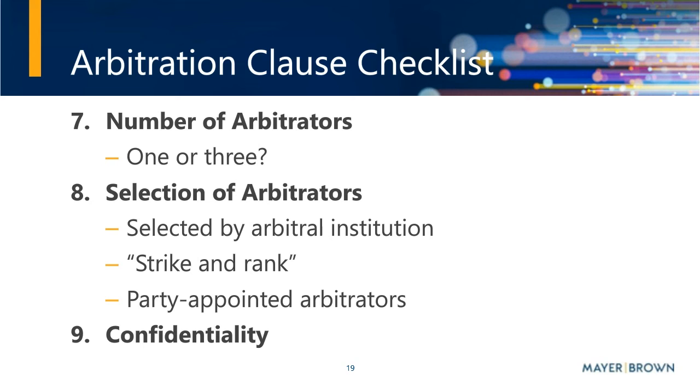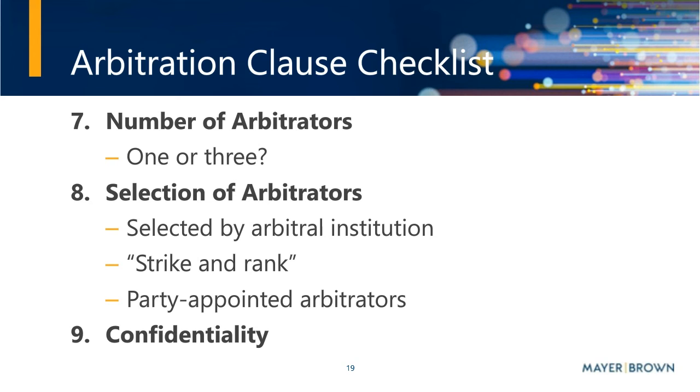The parties then submit their ranking of the candidates to the arbitral institution, neither one knowing what the other one has submitted, and the arbitral institution will select the 3 arbitrators that rank the highest in the combined pool. In this way, you get 3 arbitrators who are neutral.